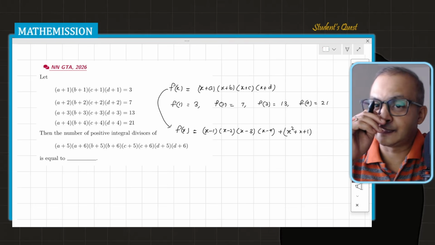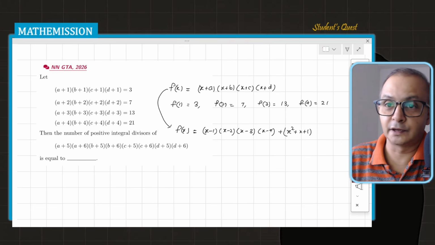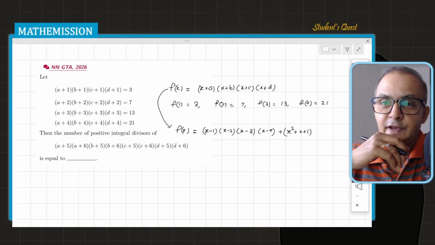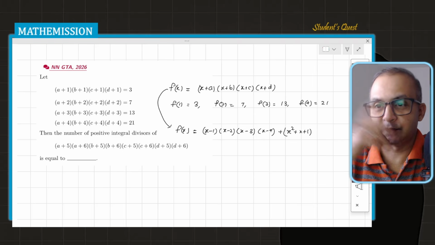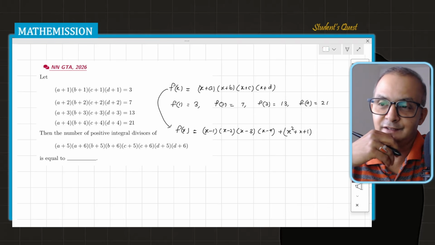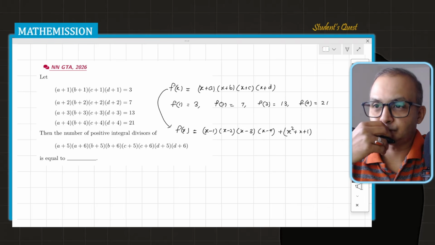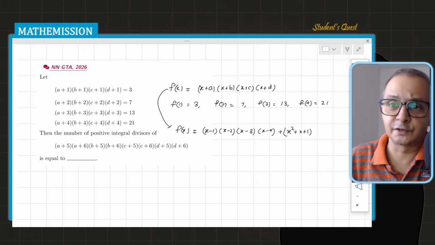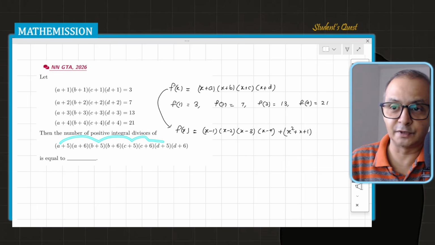What they're asking is the number of positive integral divisors of (a plus 5)(a plus 6)(b plus 5)(b plus 6)(c plus 5)(c plus 6)(d plus 5)(d plus 6). So how do you find that? You notice what is happening there, that if you take all the a plus 5, b plus 5, c plus 5 and d plus 5 together, it is a substitution.